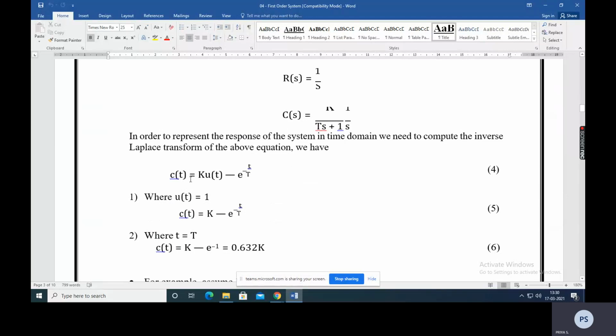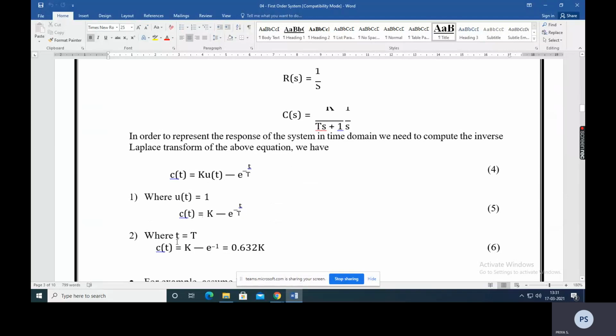When I am taking the inverse Laplace transform, instead of C(s), I am going to get C(t) is equal to K into (u(t) minus e power minus t by T), where u(t) indicates the unit step input and u(t) is equal to 1. Therefore, C(t) is equal to K times (1 minus e power minus small t by capital T).